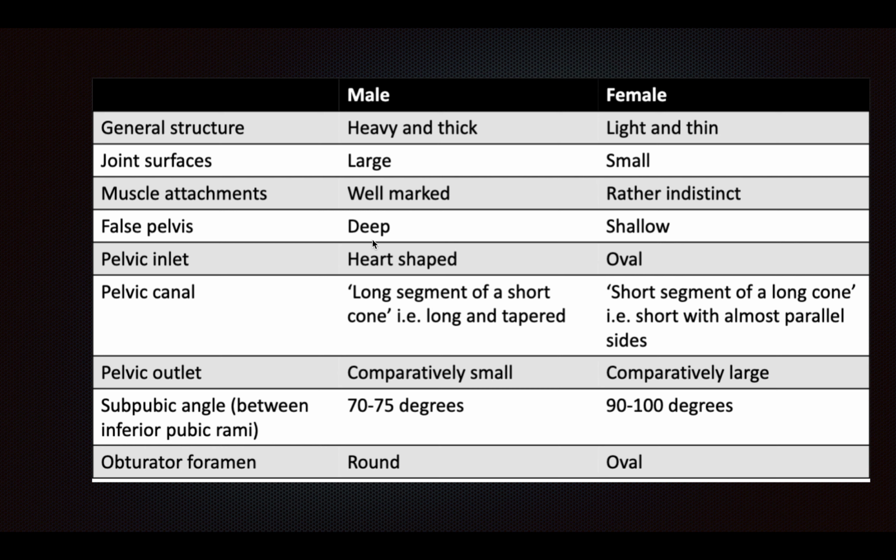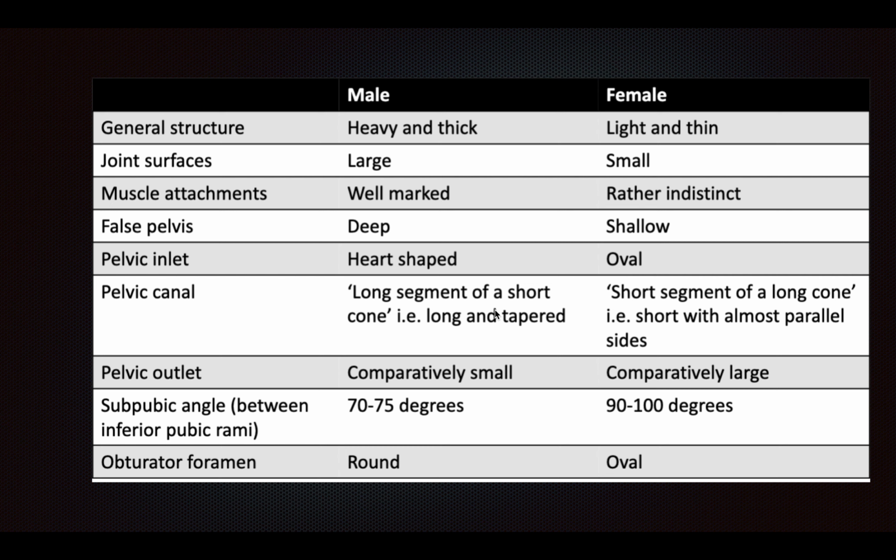In males, the false pelvis will be deep, while the false pelvis in women will be shallow. Why? To carry children. The pelvic inlet of the males is going to be heart-shaped, while the female's is going to be oval. Why? To help with the birth of the child. It would be easier to come out of a wider inlet.